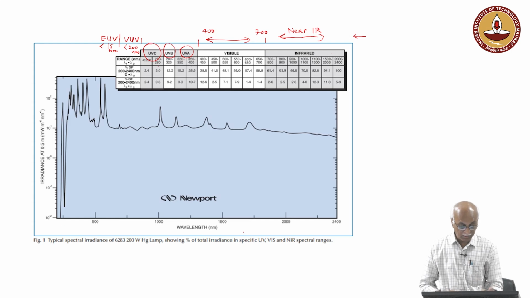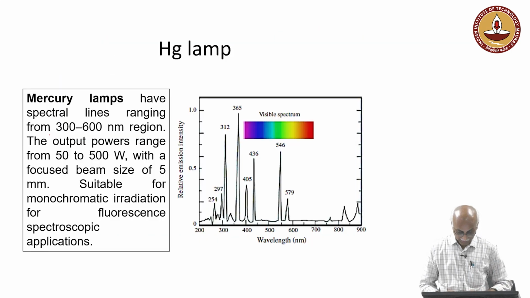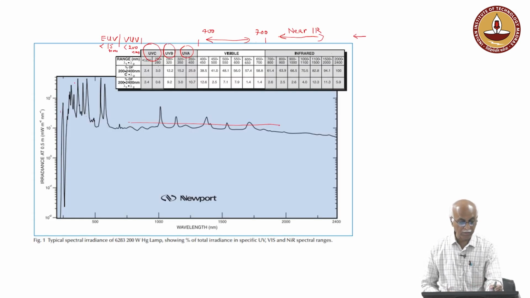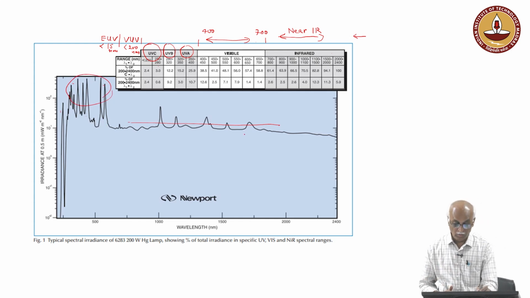Now, you can see that mercury has a broad output spectrum, somewhat flat in this region, while here you have various mercury emission lines, as we had seen in the previous plot. We can make use of some of those emission lines for measurements, or the flat region.